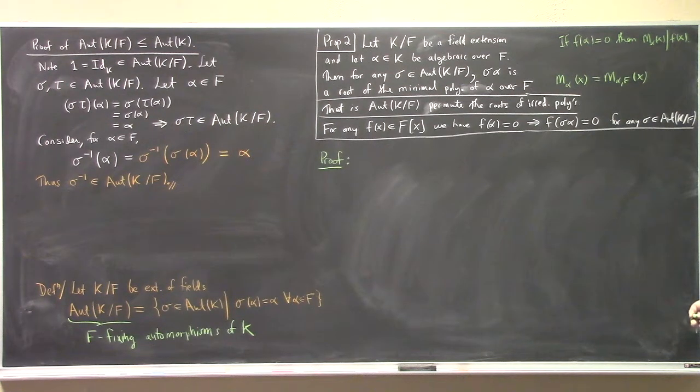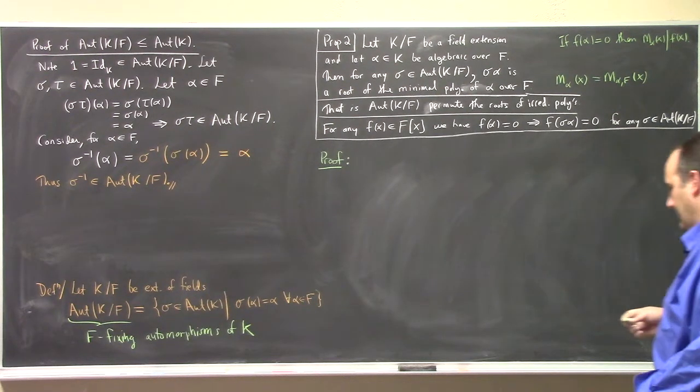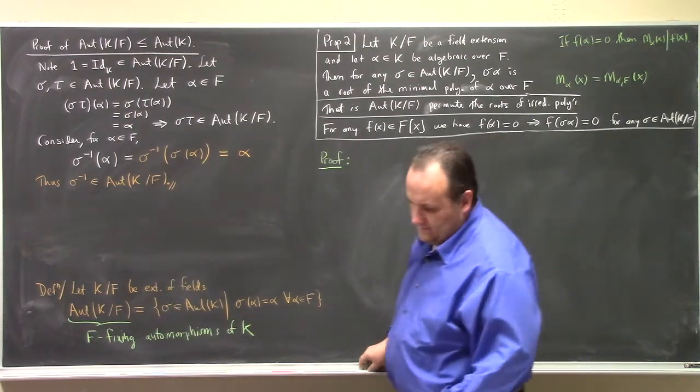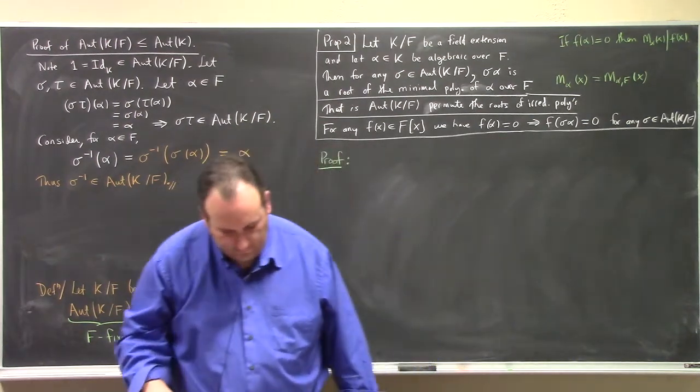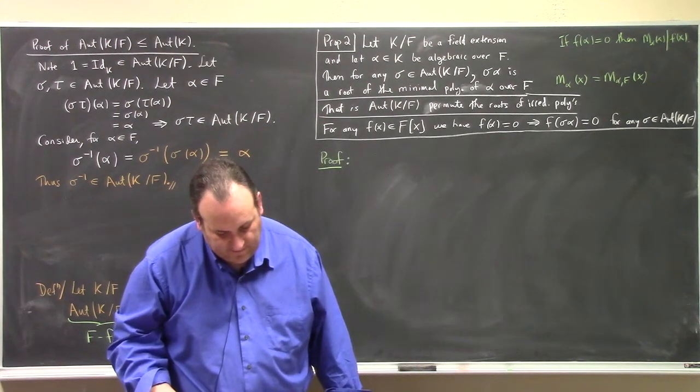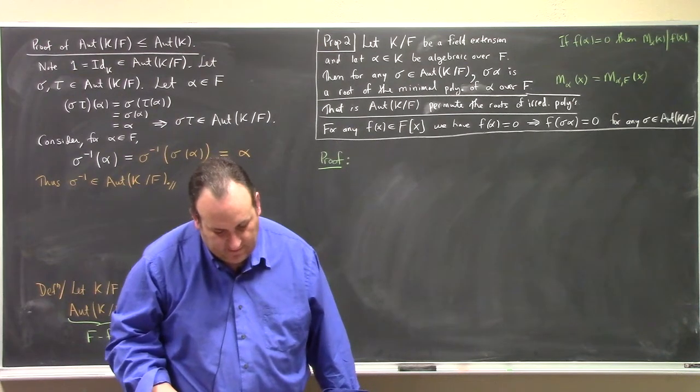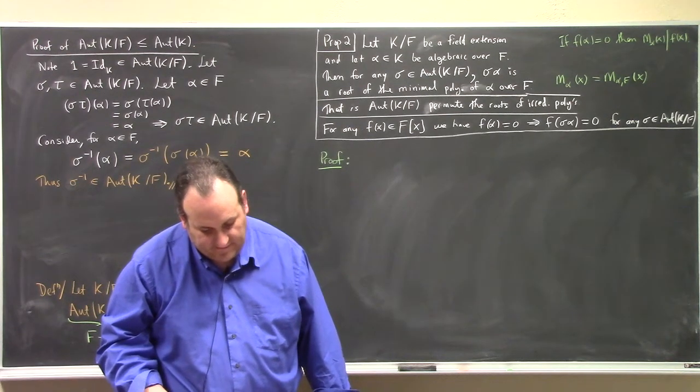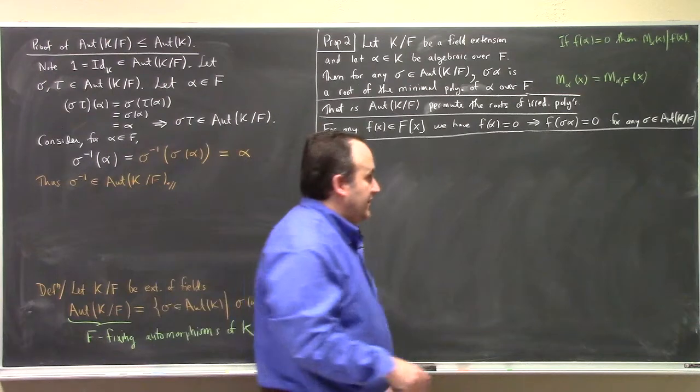All right, so what are we supposed to prove here? Let alpha be algebraic over f. Then for any sigma... Well, we got to split a polynomial. He starts with, suppose that alpha satisfies an equation, right? So that's his starting point.